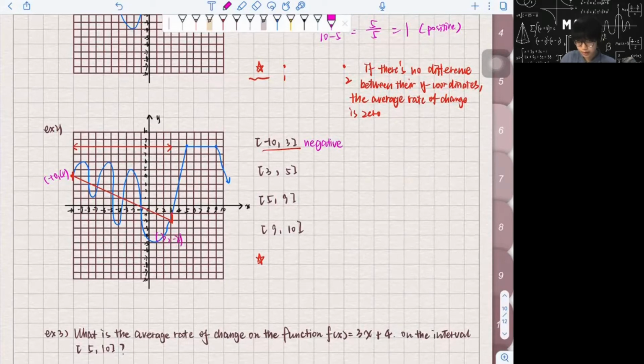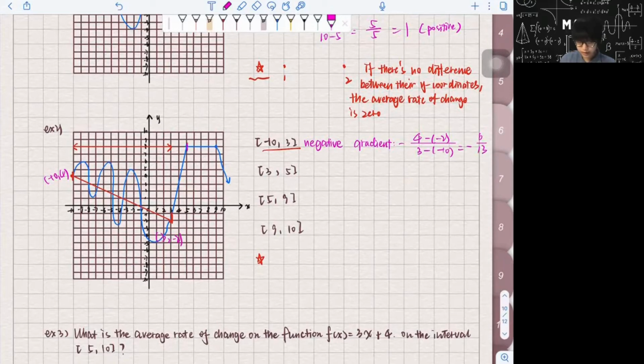So it will be -2 subtracts 4 over 3 subtracts -10. So it is -6 over 13.